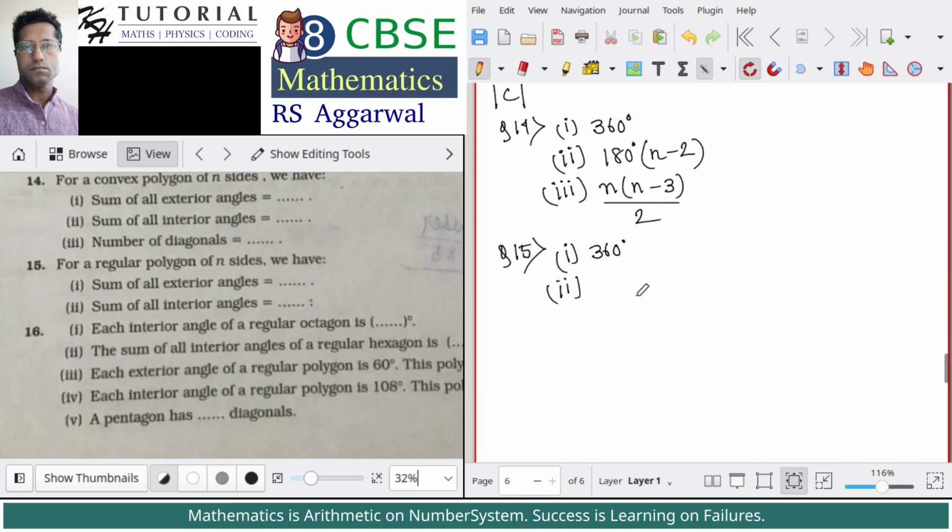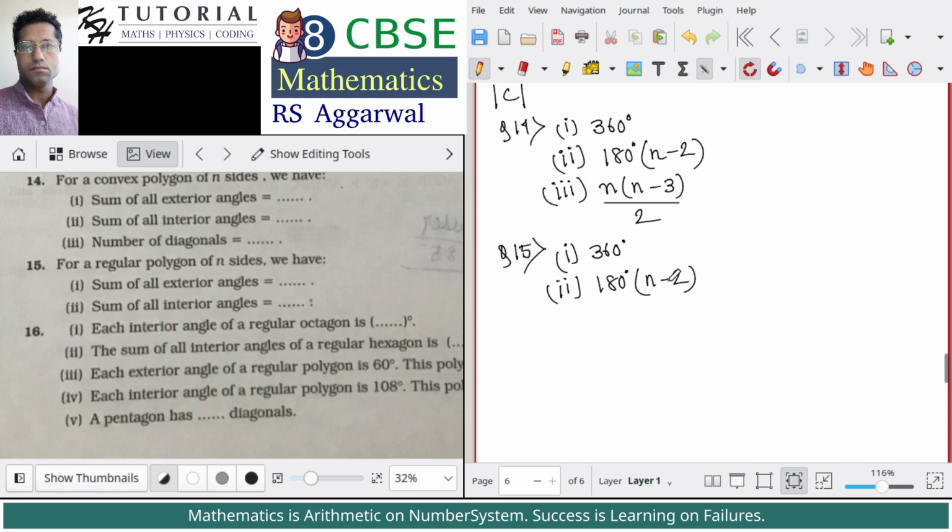Part 2, sum of all interior angles. The sum of all interior angles in a regular polygon of n sides will also be 180 degrees multiplied by n minus 2, because this formula is general for any convex polygon of n sides, and a regular polygon of n sides is obviously also a convex polygon of n sides.